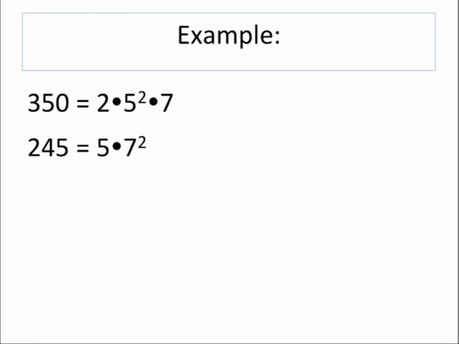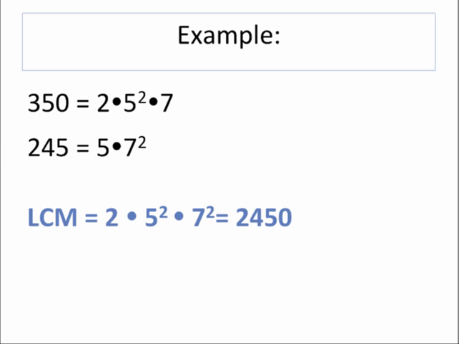So the way that we find the least common multiple is kind of the opposite of finding the greatest common factor. In this case, we look for the largest exponent for each base. So we look at 2's, and there's only 2 to the first power in the 350, so we will keep that. Then 5, the largest exponent is 5 squared, so we will keep that.